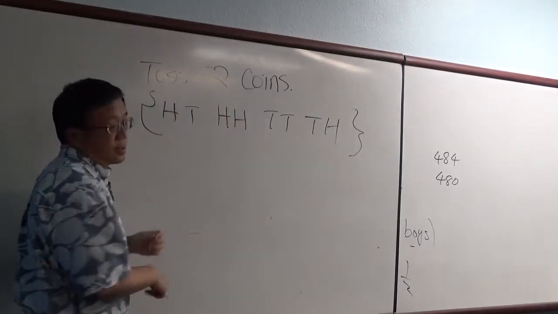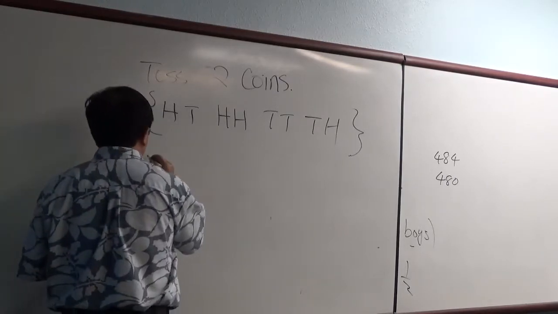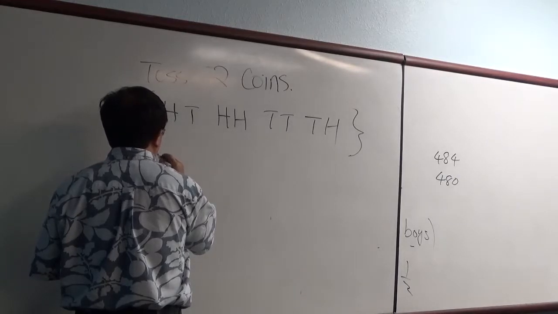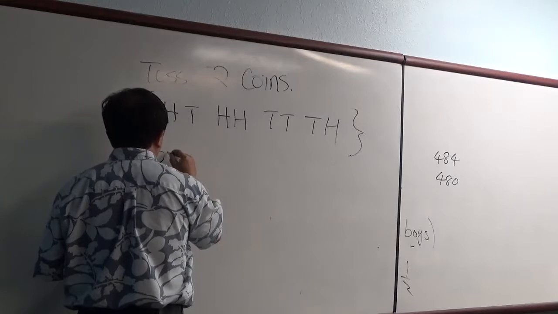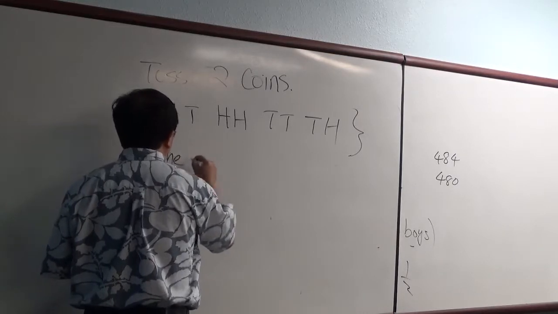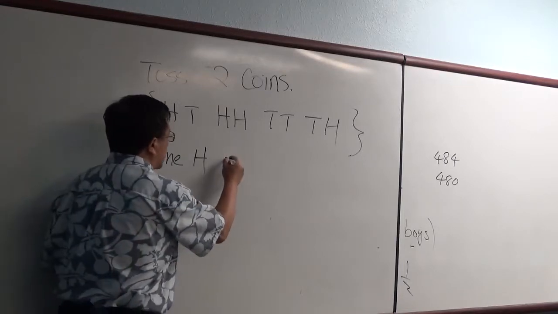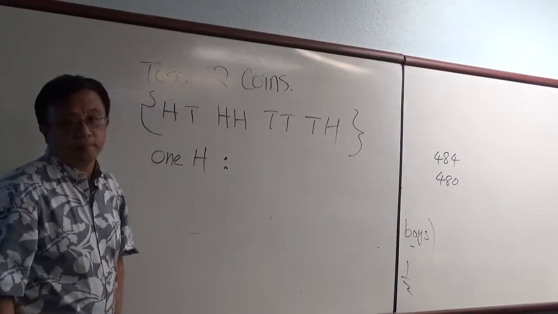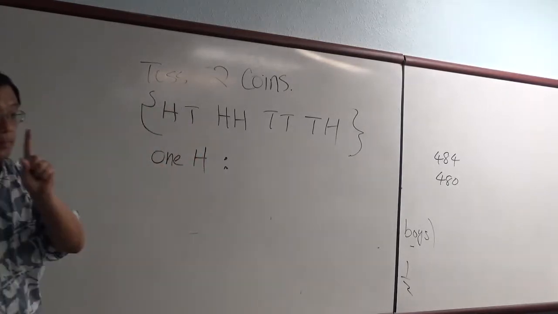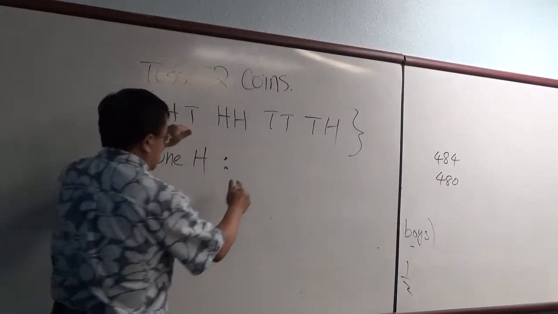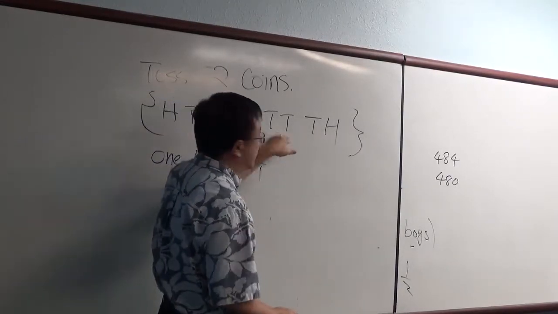So, and also let's take a look at the event. The event is, let's say you get 1 head. So what are the outcomes? 1 head. HT, yes. 1 head, yeah? How about this one, no? How about this one, no?